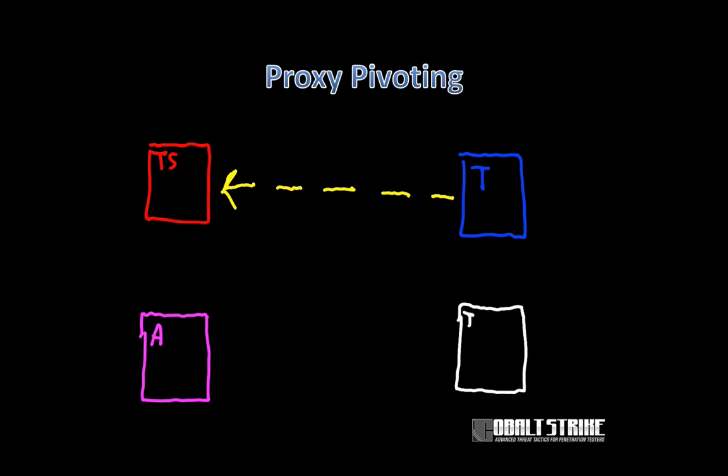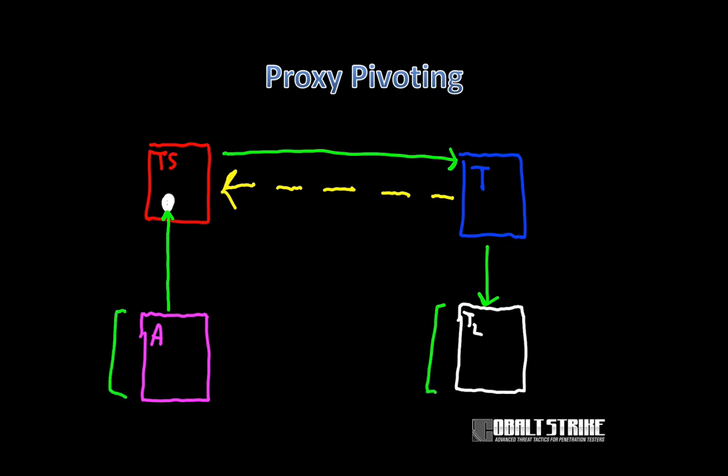And I'm going to call this target 2. The idea behind proxy pivoting is that we open up an interface on our team server, and our application can connect to that interface, which generates a connect event within the compromised target, which creates a connection to the desired host and port, and traffic between the application over here and the second target are relayed through your Beacon C2 channel. That's proxy pivoting.